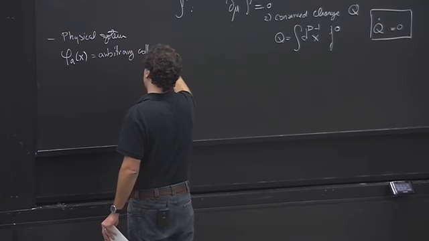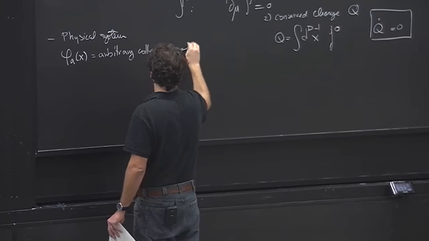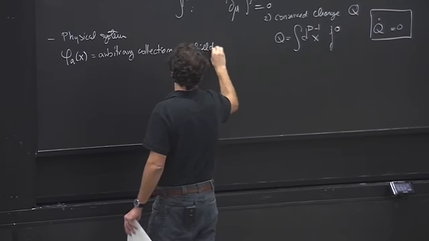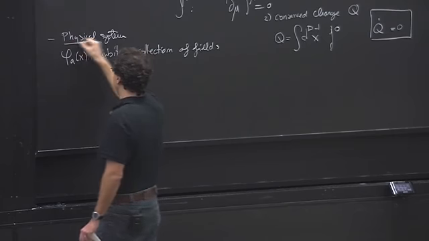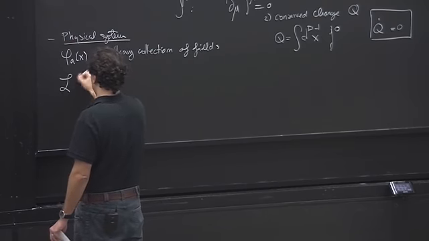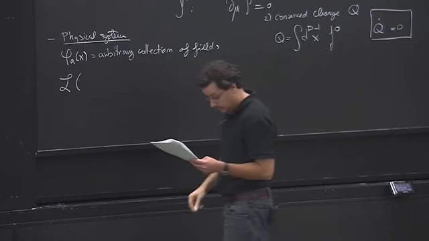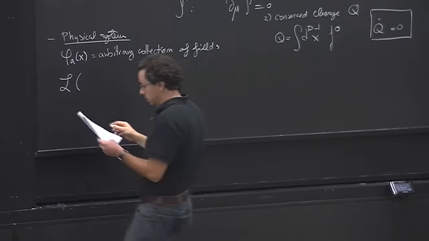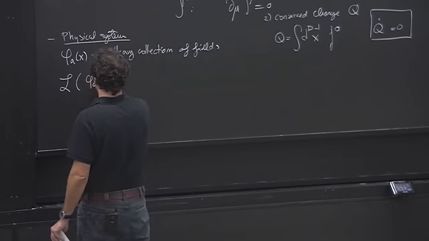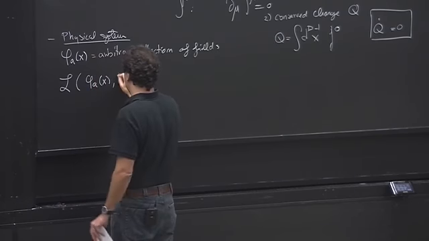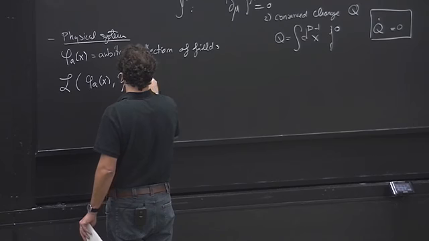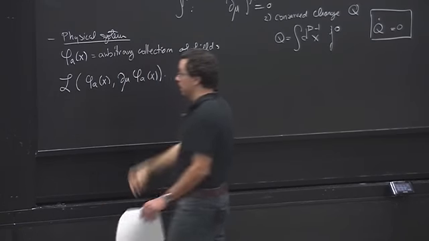It could involve a fermion, a gauge field, it doesn't matter. And the dynamics of this physical system is encoded into a Lagrangian density, but from now on I'm just going to call it a Lagrangian, not keep repeating that, which is a functional of the fields and their derivatives.